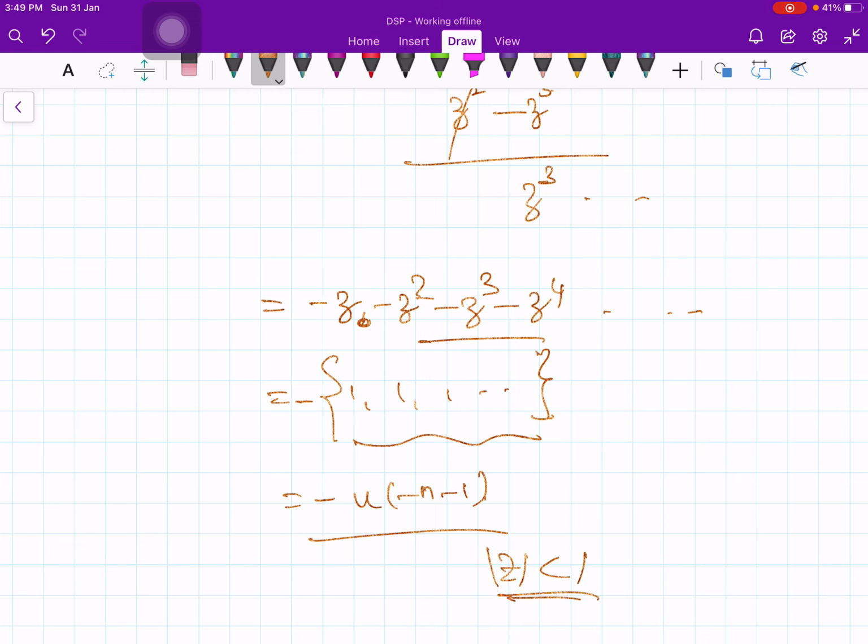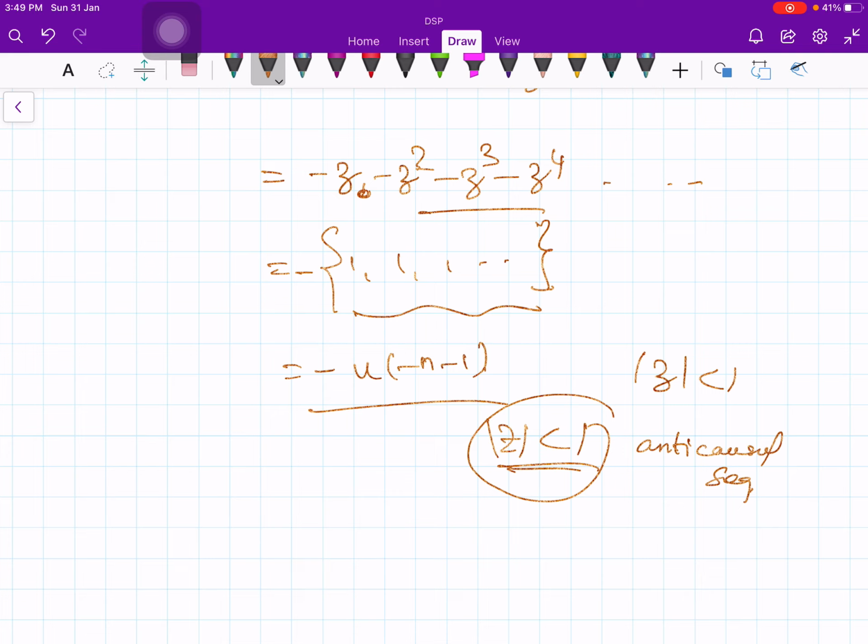Therefore if G of z is specified with an ROC mod of z less than 1, then you know it is the anti-causal sequence. Okay, when mod of z is less than 1, then it is an anti-causal sequence.